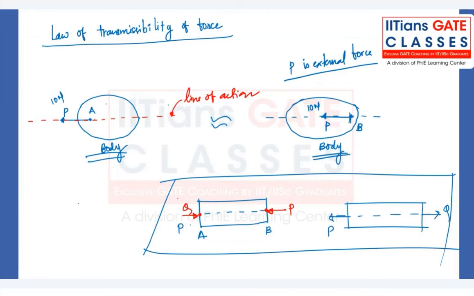First of all, you are right that the transmissibility law is not applicable for non-rigid or deformable bodies. That is a completely different point. In case of non-rigid bodies we cannot apply it. That is clear. Fine.